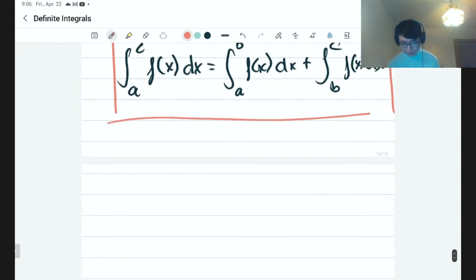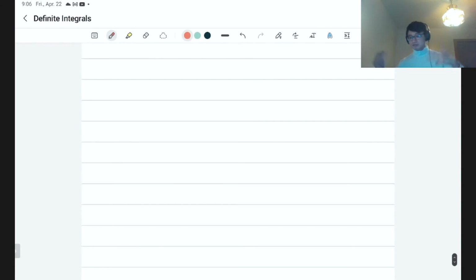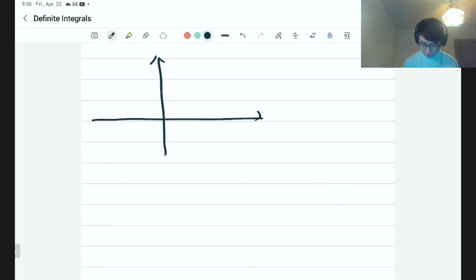Now back to the previous video where we talked about the definite integral and the area under the curve, right? I'm going to draw and remind you of this. Remember we talked about y is equal to x, and this area here.